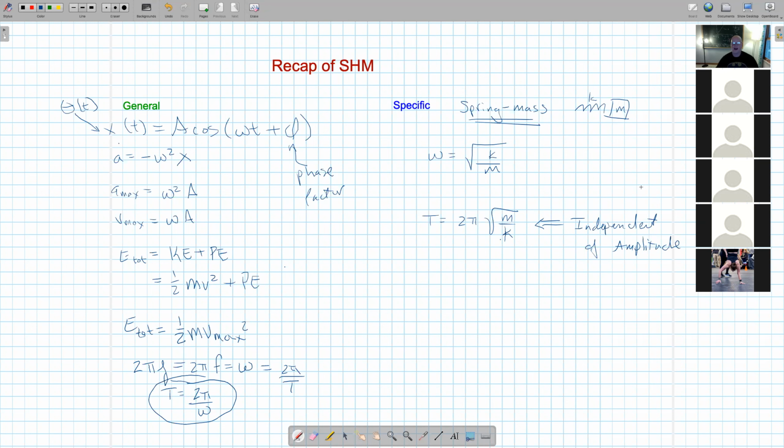It doesn't matter how far I move my spring mass system. All that matters is that it has a particular mass attached to a particular spring.